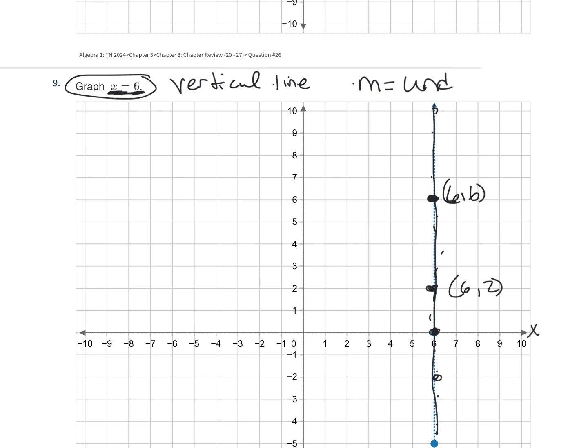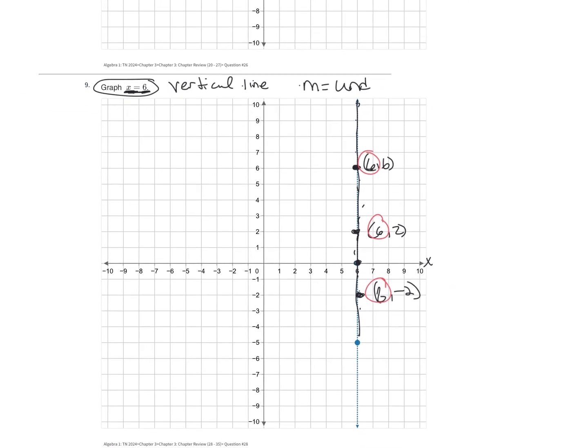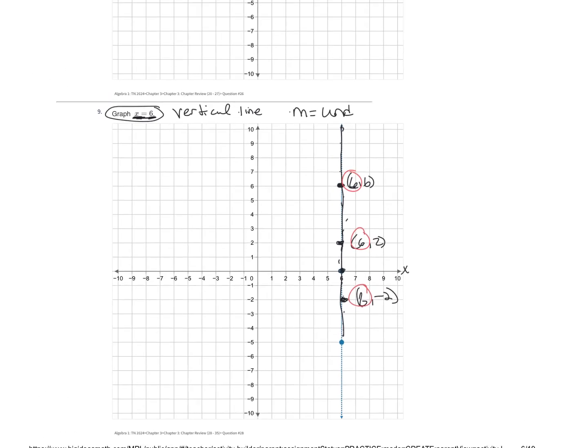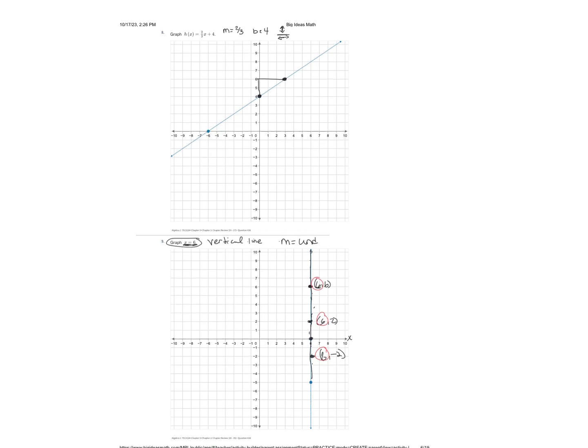This ordered pair is 6, -2, okay? If you notice, they all have their x coordinates at 6, so that's why it's a vertical line.